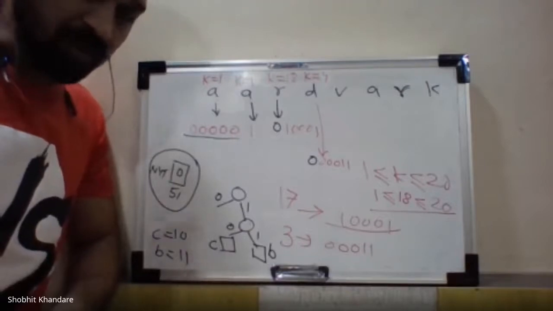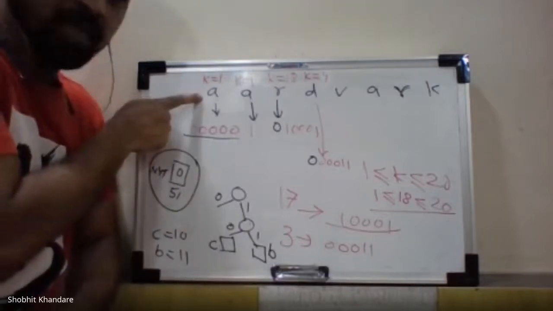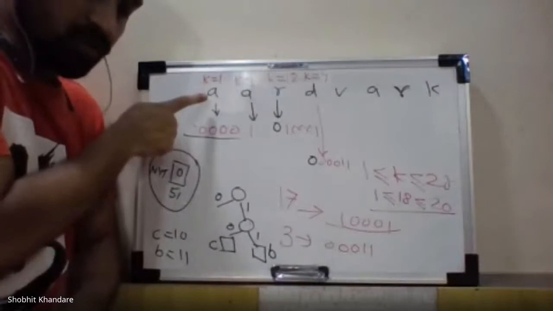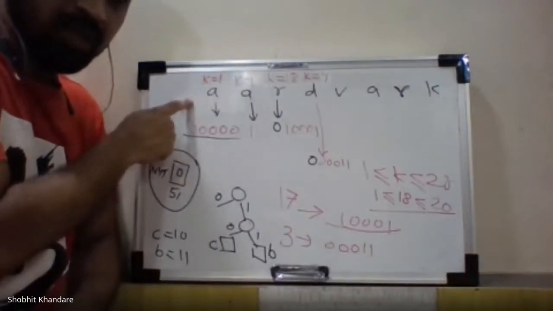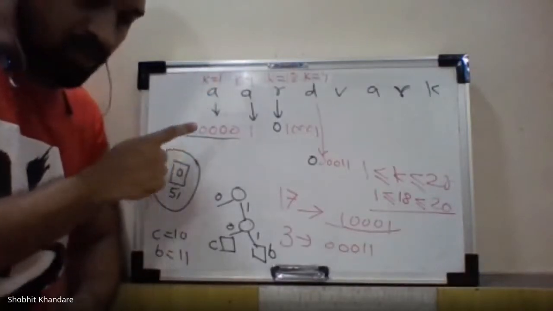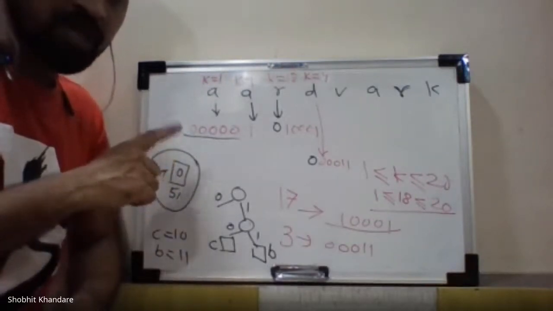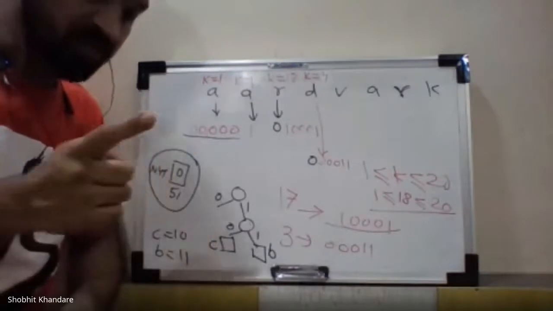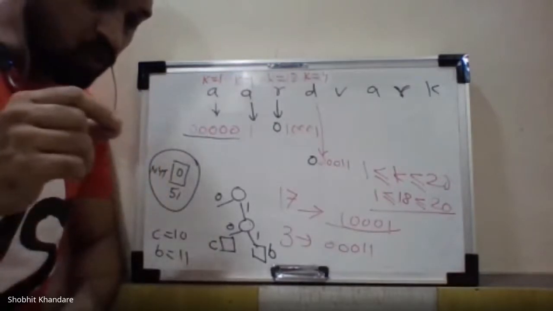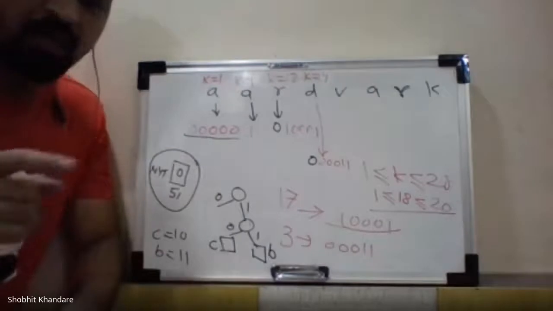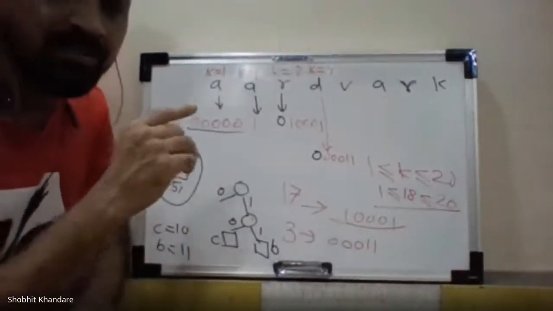Okay, and for this symbol A, the K value is 1, and you know that 1 lies between 1 and 2R. That's why you have to encode it as E plus 1 bits. So E plus 1 comes to be 4 plus 1, that is 5. I have to represent it in 5 bits.